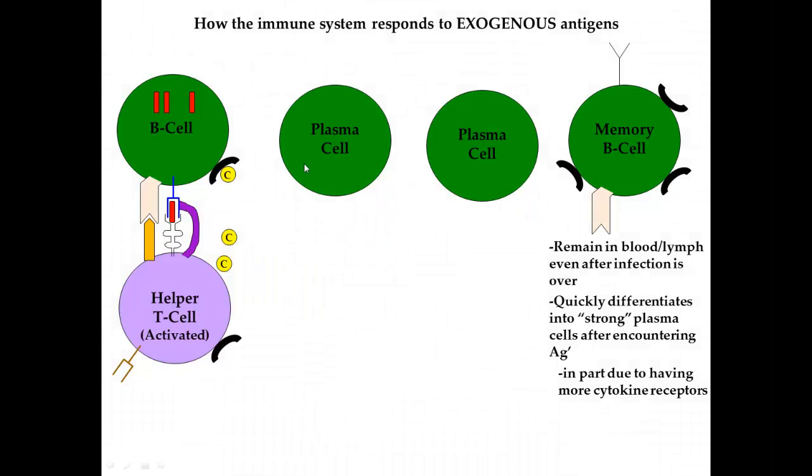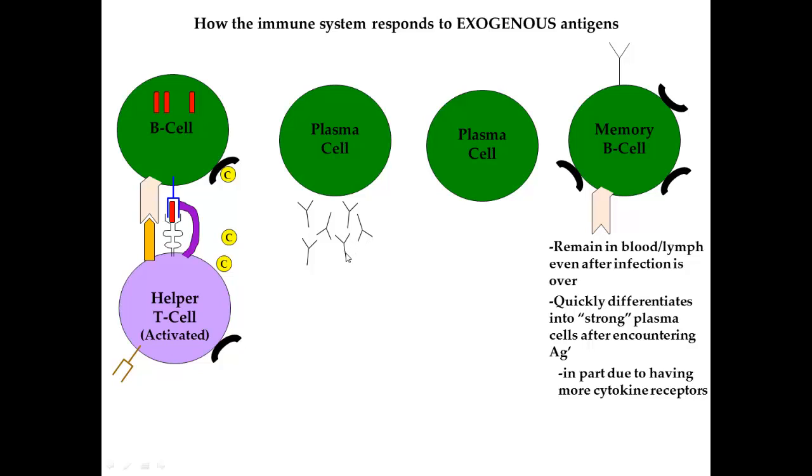Plasma cells are a type of effector B cell that are responsible for producing antibodies. These antibodies are the bullets of the immune response. So these are the things that are going to result in bacterial death.